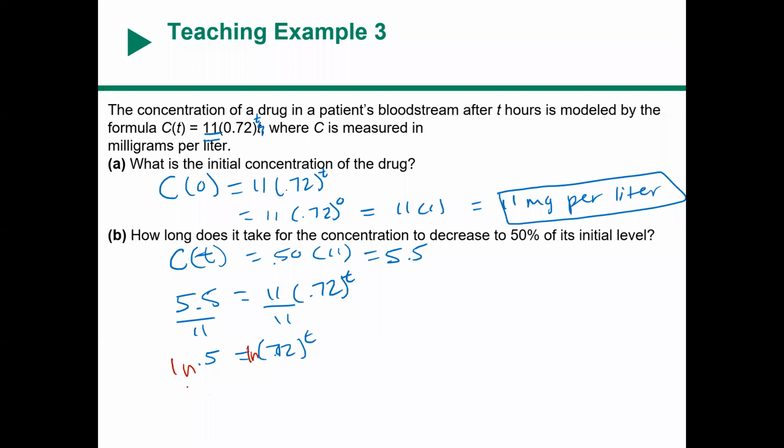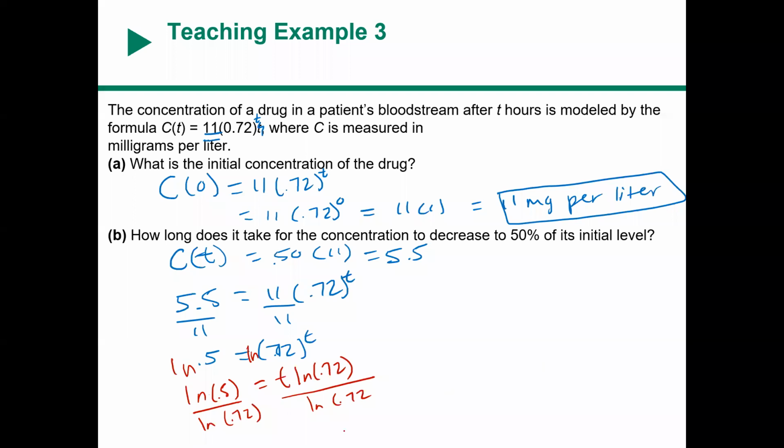What the natural log does on the right-hand side is it sets my variable free. So t natural log of 72 hundredths. And now I can get t by itself. So I divide by natural log of 0.72.